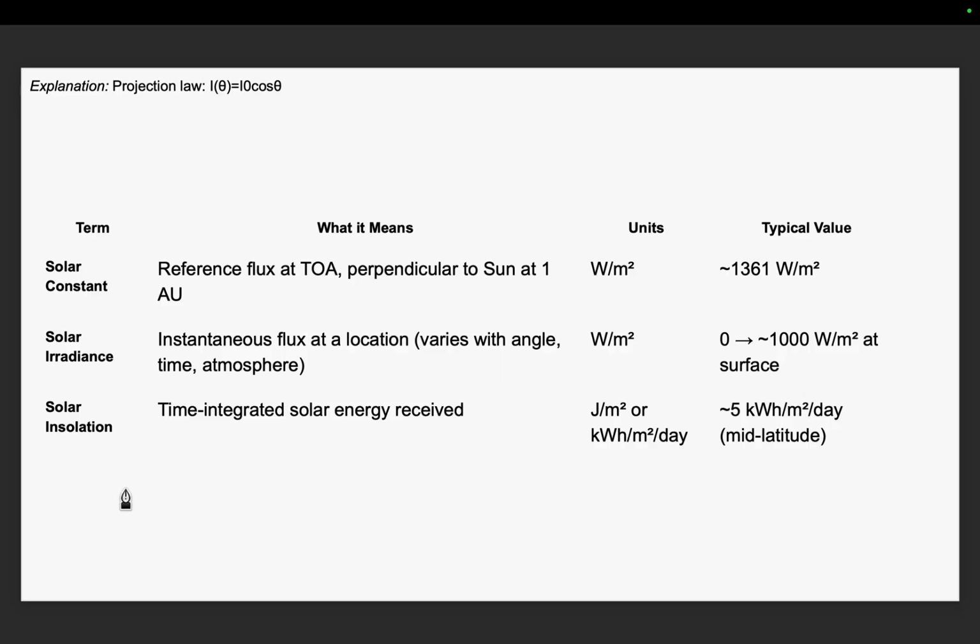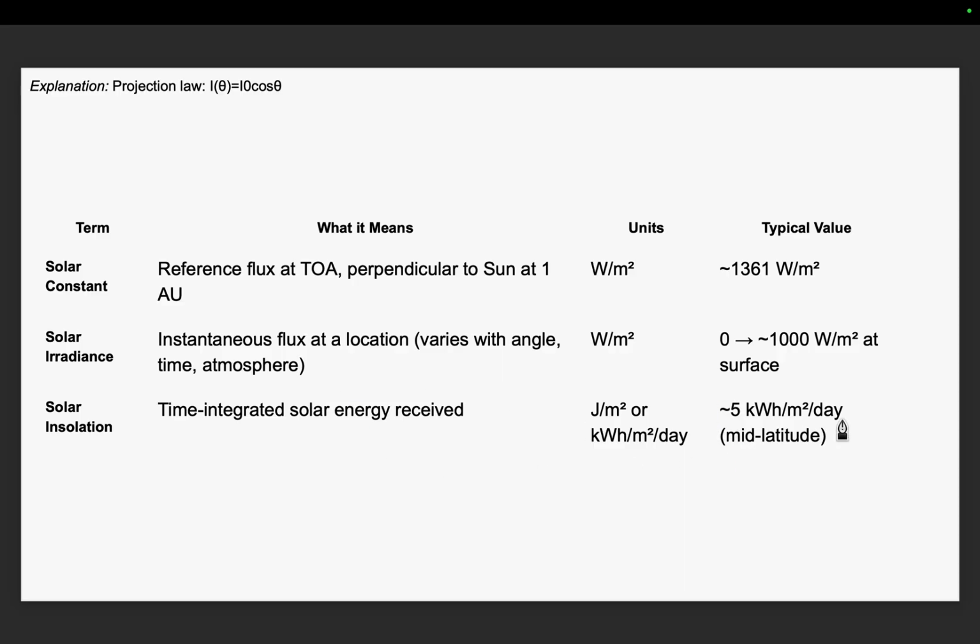And the solar insolation defines the time integrated solar energy received, often given in joule per meter square or kilowatt hour per meter square per day. At mid latitude this has some typical value.